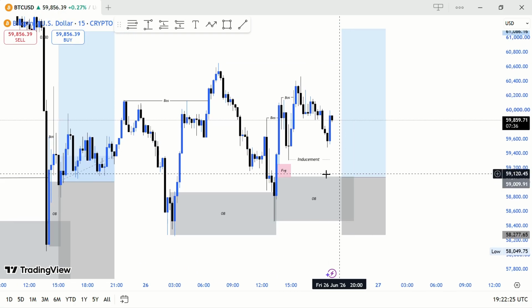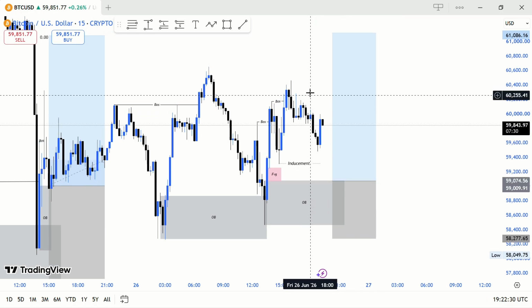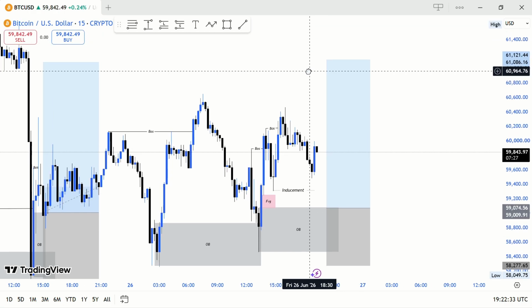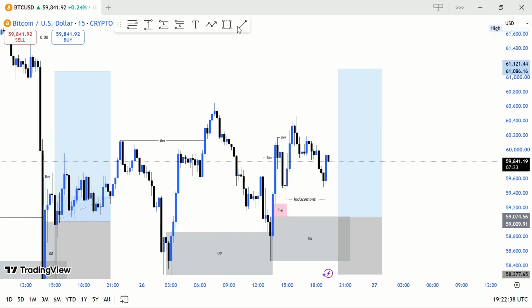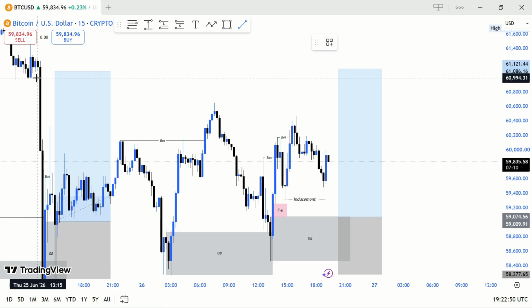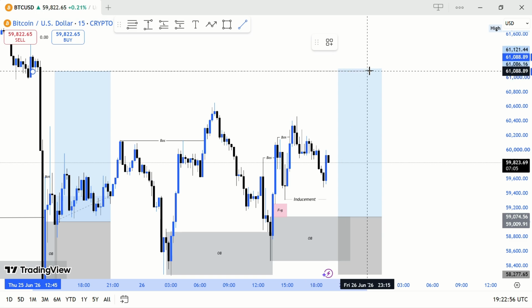So I'll be taking another position from here to this area. I love putting my take profit always under another block here.